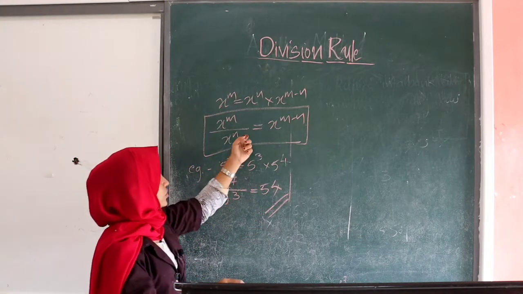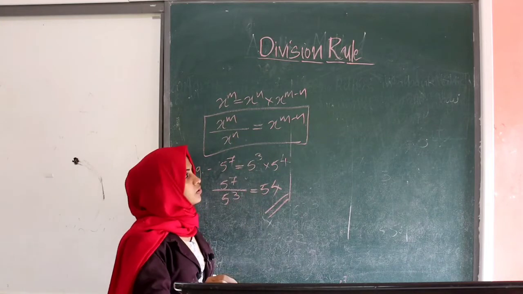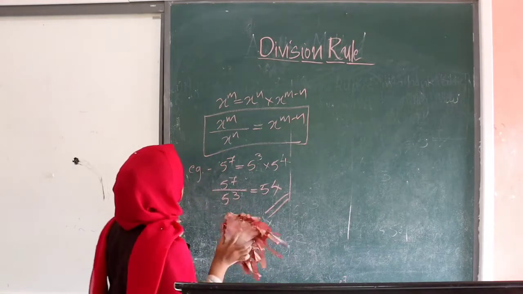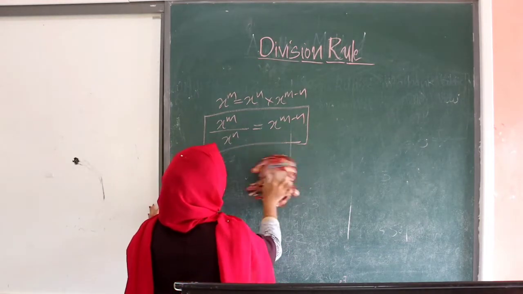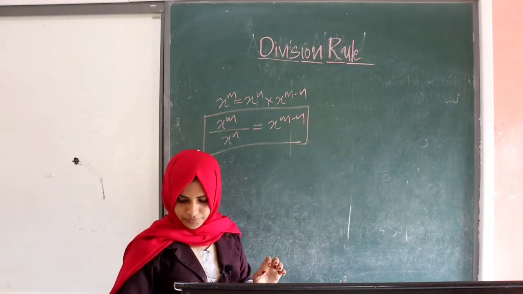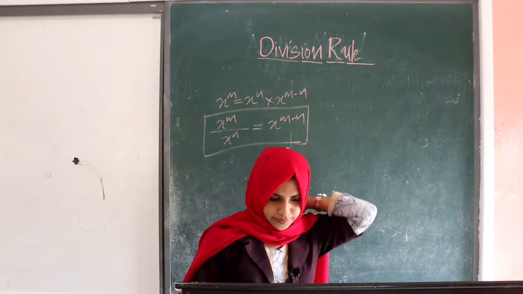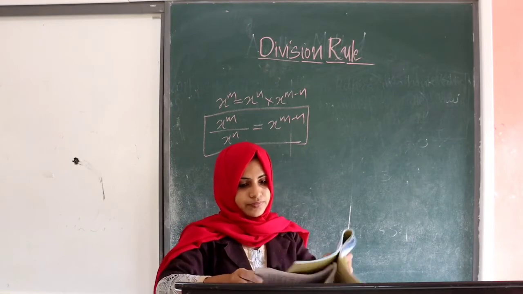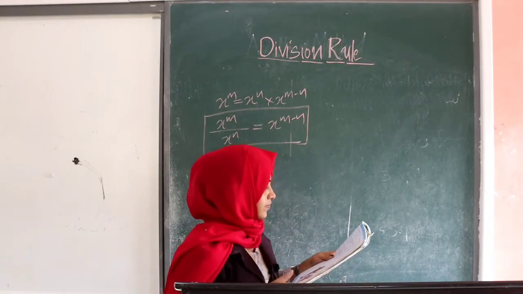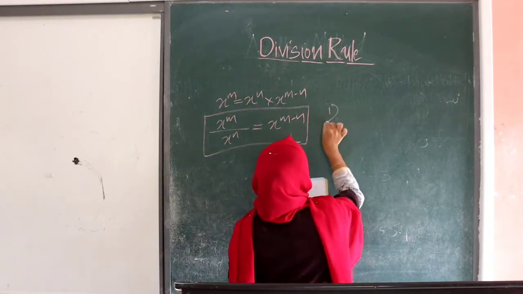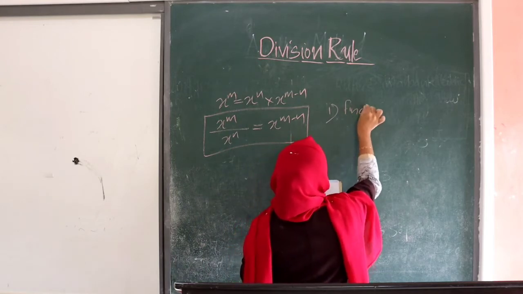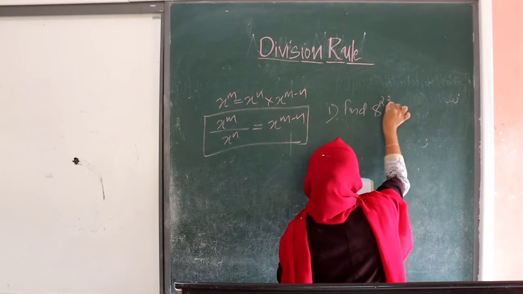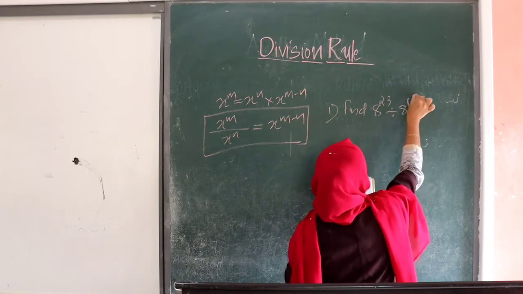Using this division rule, we are going to discuss some problems. Are you ready? The first question is: find 8 raised to 23 divided by 8 raised to 16.